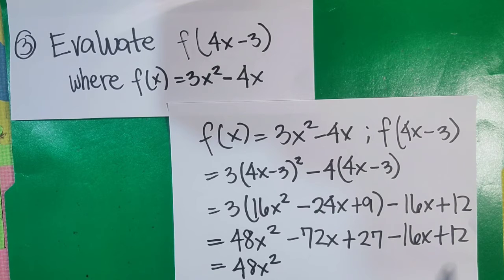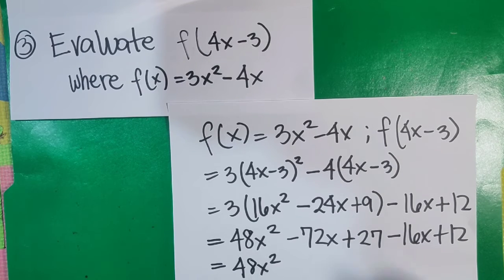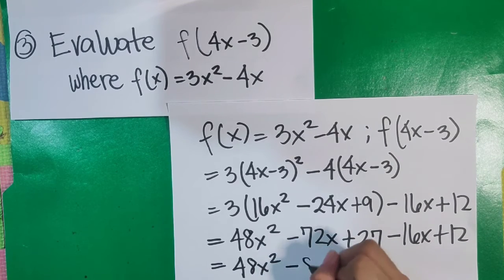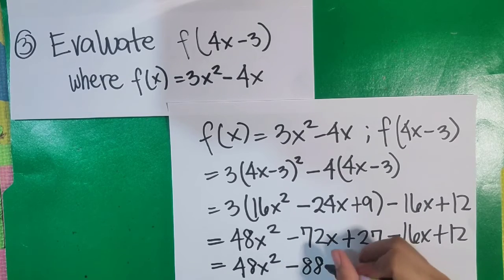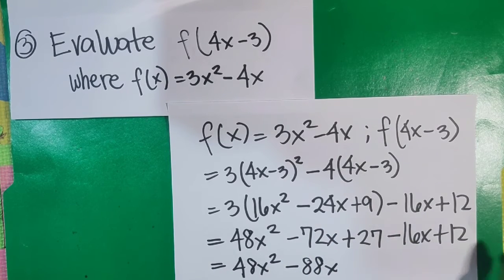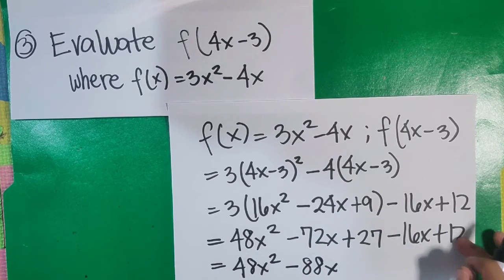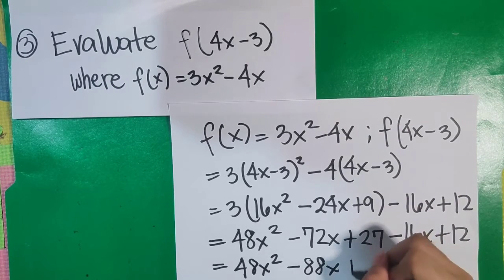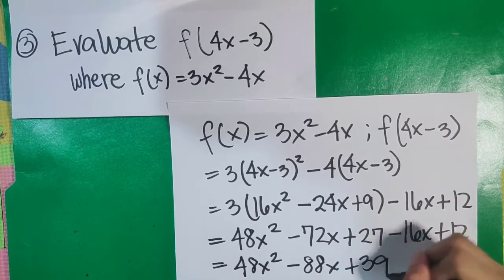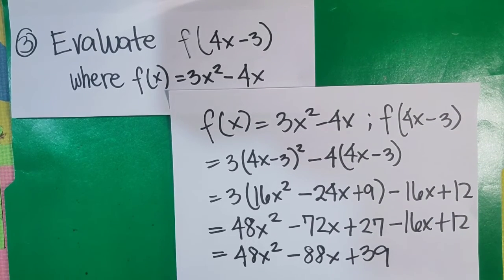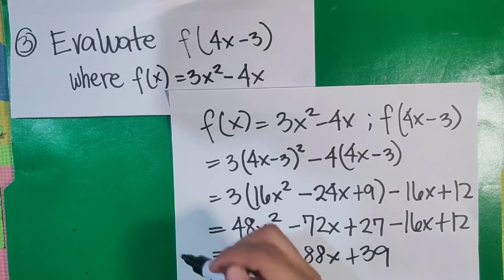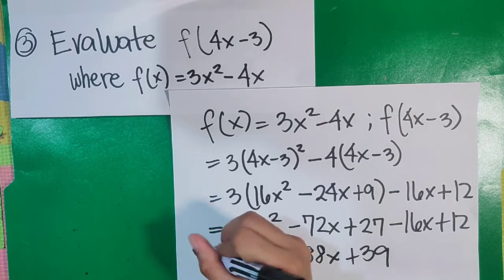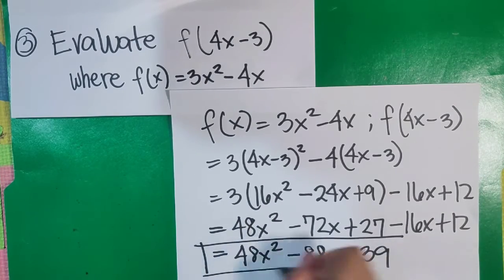So 72 plus 16 gets negative 88x. Then add the constants. They have the same sign, so we simply add 27 plus 12, we get 39. Now this is the answer.